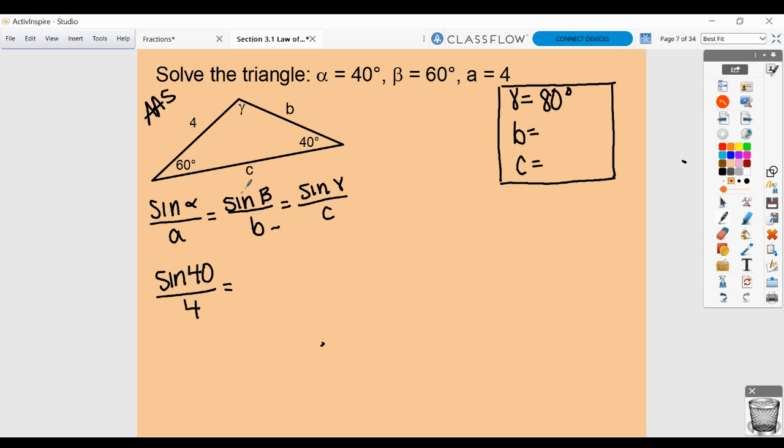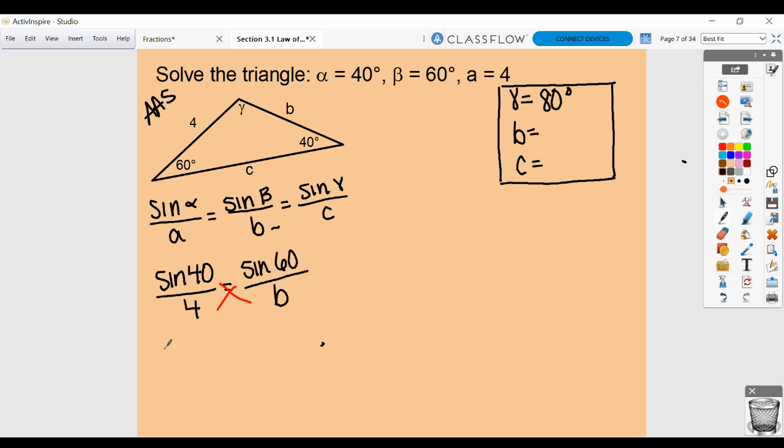So you are going to use this one and have sine of 60 over B. So we're going to solve for B first. This is what I mean by setting up a proportion. When you do this, you are going to cross multiply.